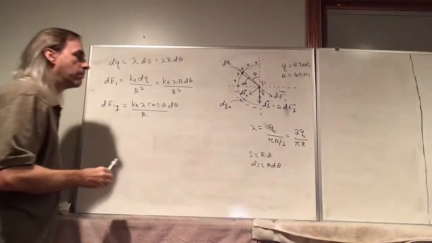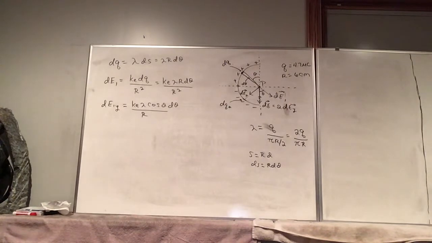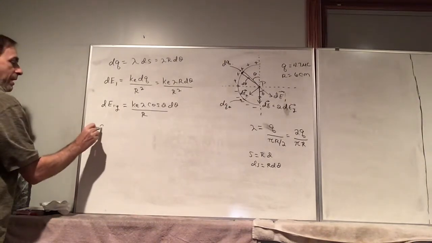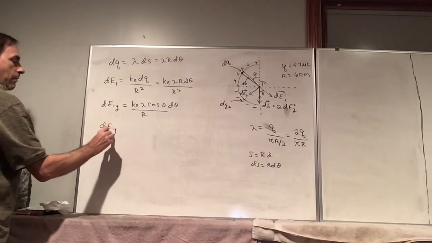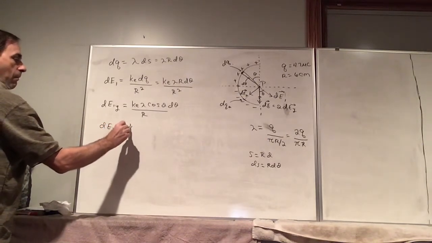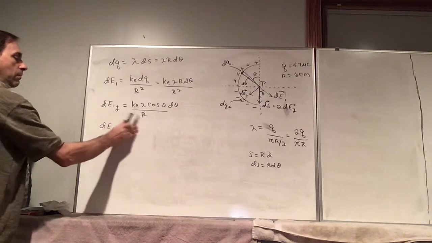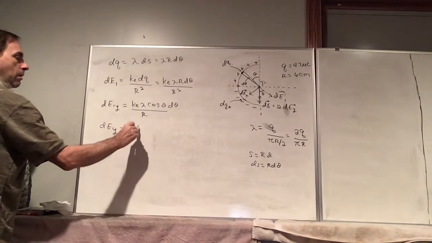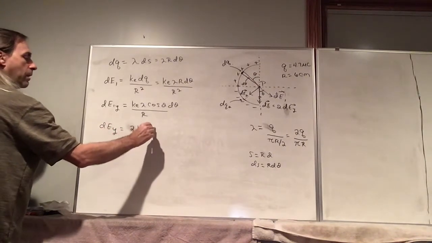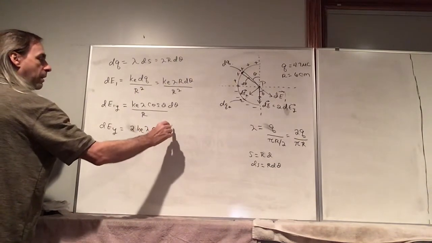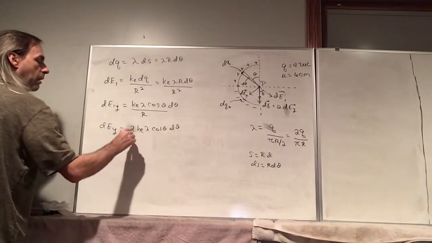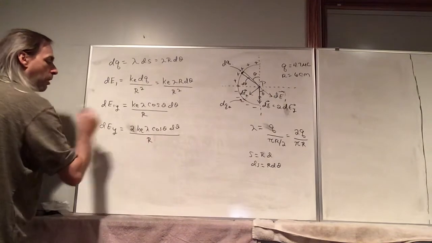This negative charge is going to have an equal contribution. So let's just say dEy. Here we have 2 ke lambda cosine theta d theta divided by r.